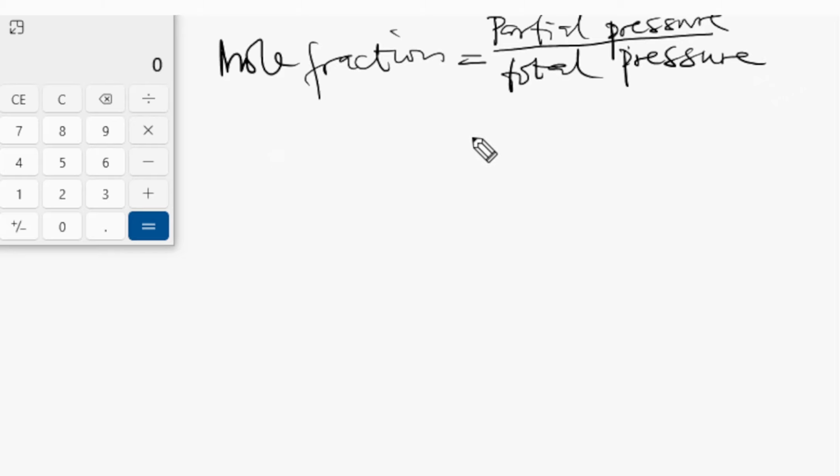So we are given the partial pressure of oxygen here to be 452. And then the total pressure here was given to be 780 millimeters of mercury.